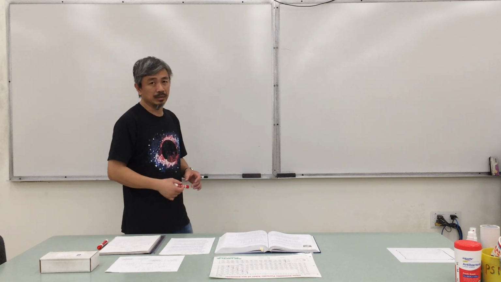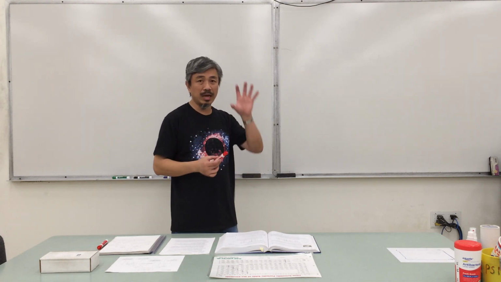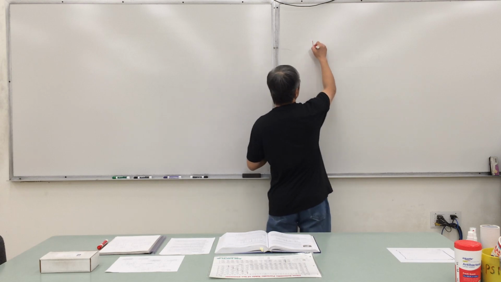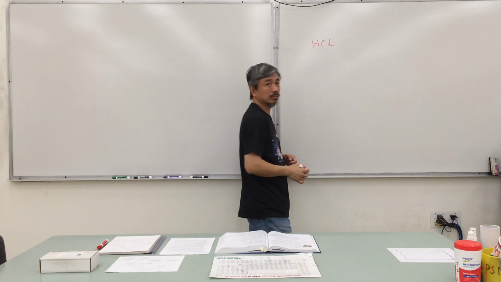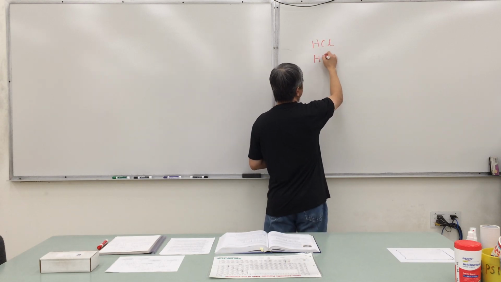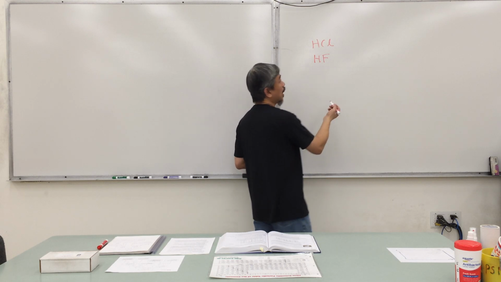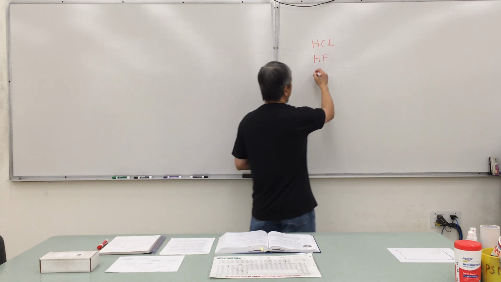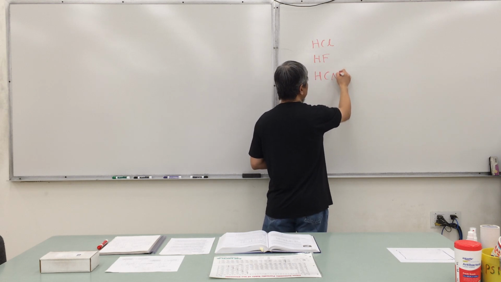Whenever you have an acid, again, you always have to have the hydrogen ion. So chances are when you look at it, you see an H right in front. So things like HCl, for example, or HF. Or sometimes the hydrogen is actually combined with polyatomic ions as well. You actually have HCN, for example.